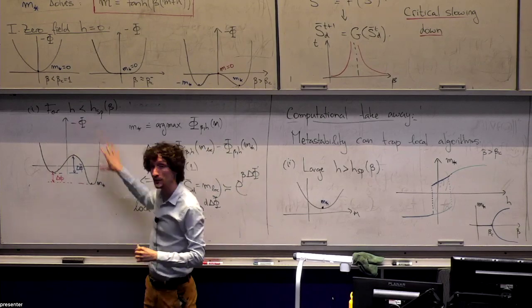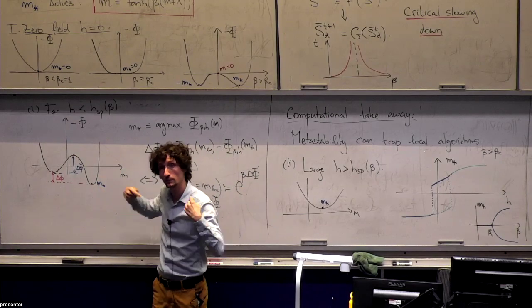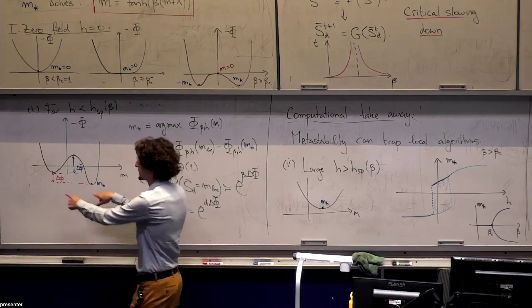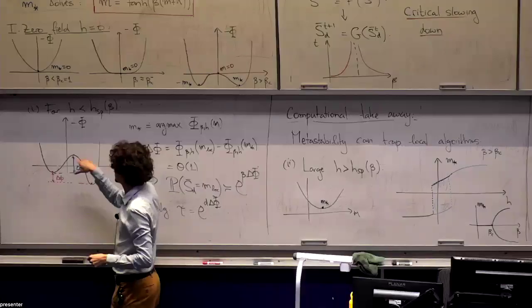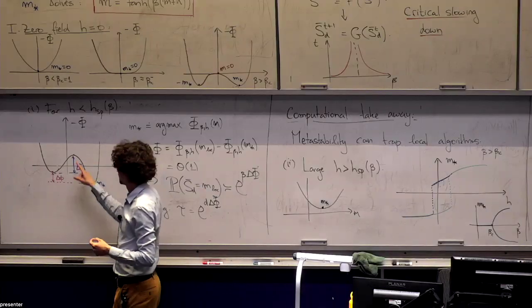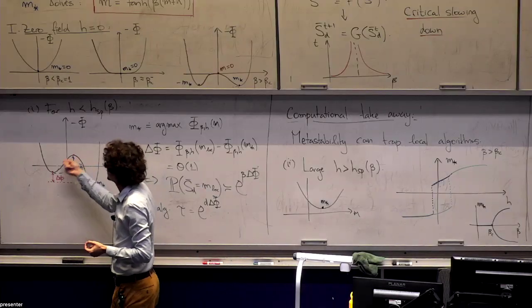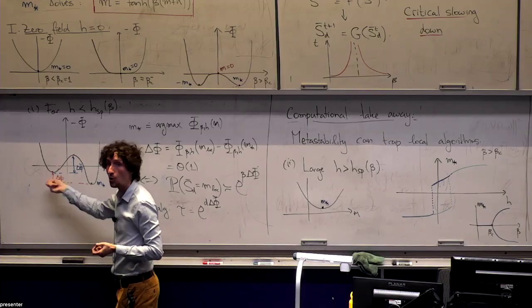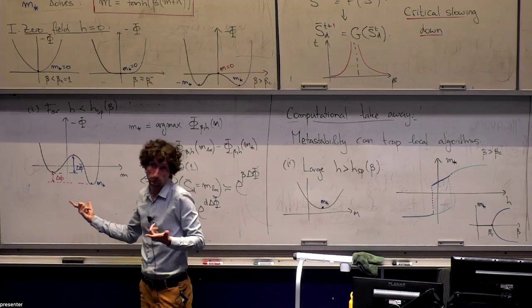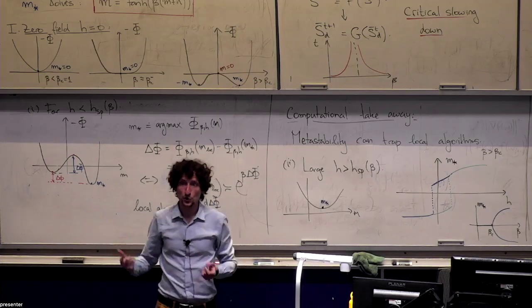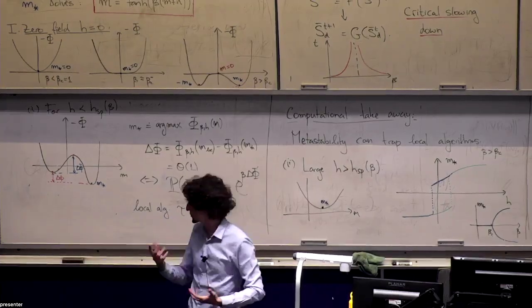If you could derive a picture like that, this picture would imply that for your neural network, there is a local minimum and a global minimum. If you start your gradient descent at a random configuration and you end up in a local minimum, your algorithm is never going to jump the barrier. So it would imply that there is this computational gap for local algorithms. So that's the connection between computation and this kind of stuff.